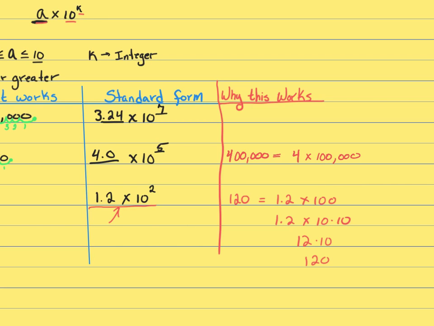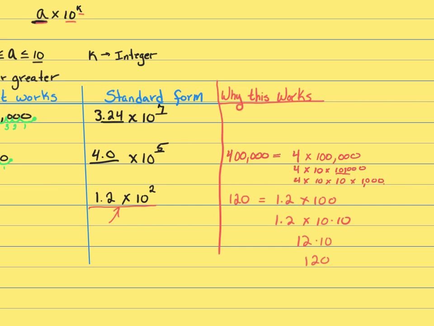And then this 100,000 I could break into 10 times 10,000, and so on and so forth. 10 times 10 times 1,000. And what's going to happen is each time I'm breaking this down into tens, I'm moving this decimal over in this last number. So I think that should be pretty clear.